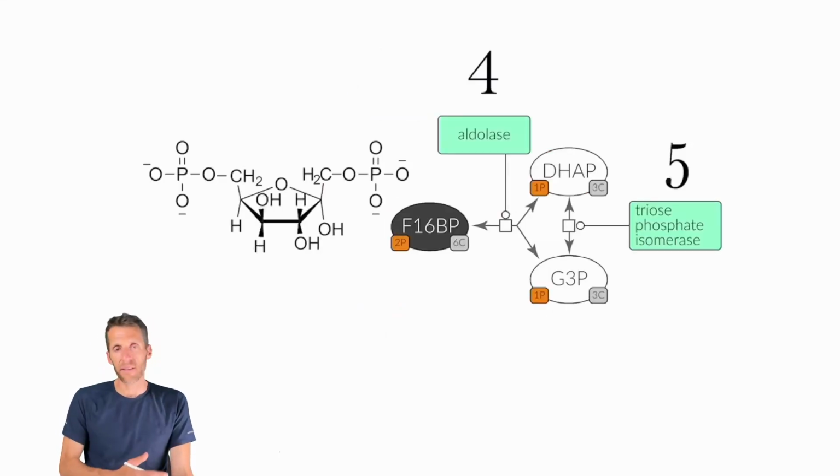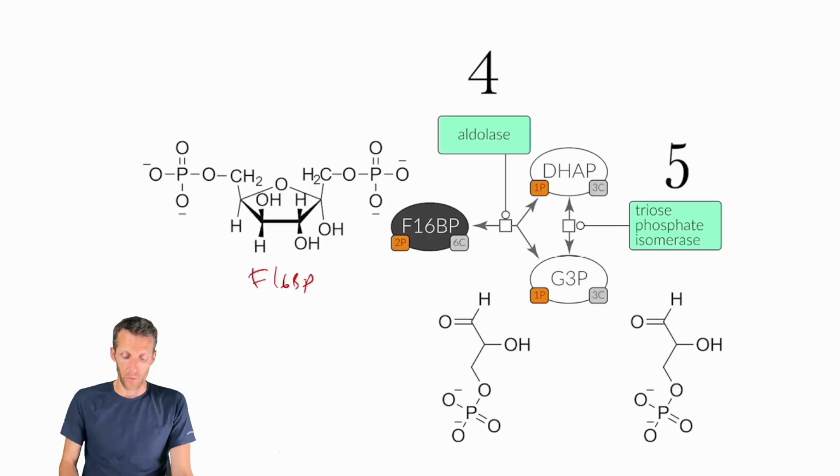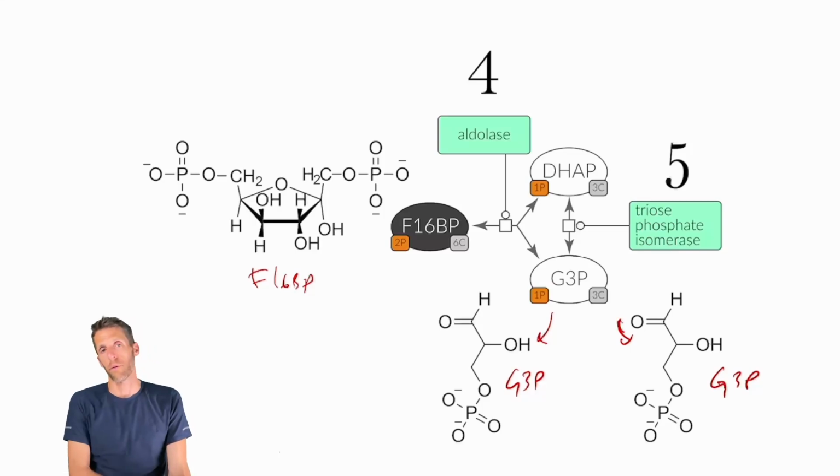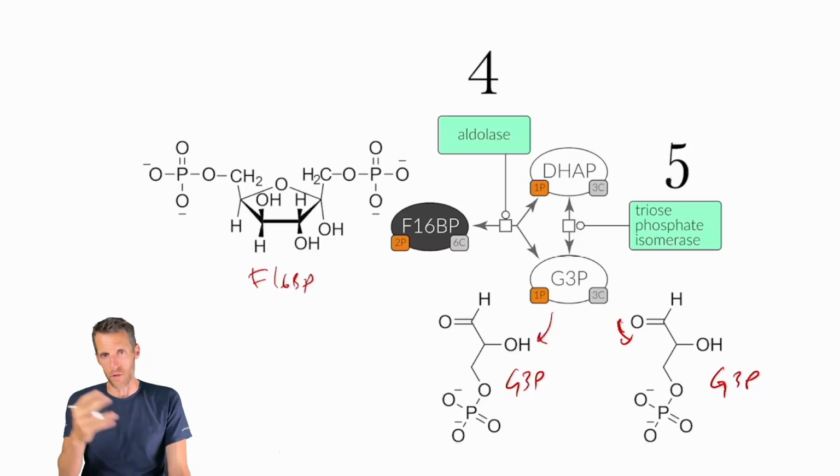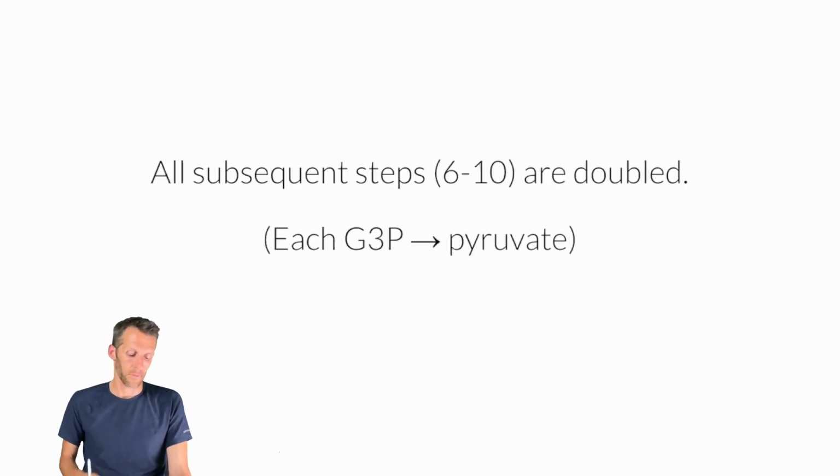In fact, it's easiest to mentally combine steps 4 and 5, because what we've done is we've taken our fructose 1,6-bisphosphate and made it into 2 G3Ps. Sorry, we've chopped fructose 1,6-bisphosphate into 2 pieces, 2 glyceraldehyde 3-phosphates.